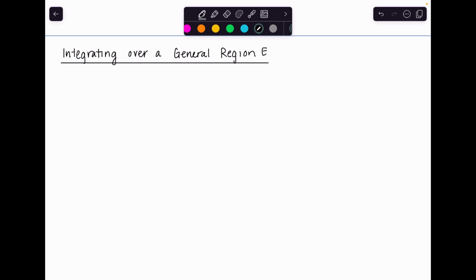So really, we kind of have to work from the inside out to figure out which variables can be in the bounds. So in general, the region E might not be a box. And it typically will not be a box. Instead, it can have more complicated bounds.